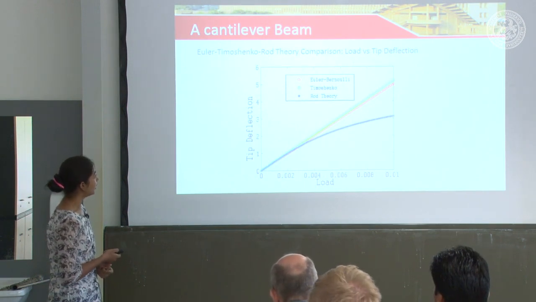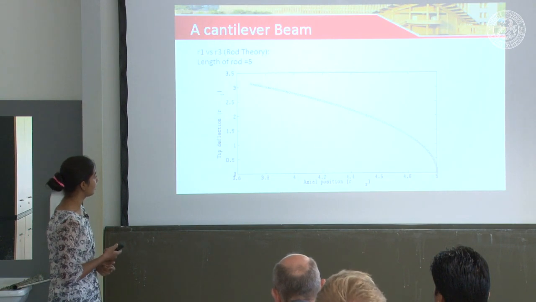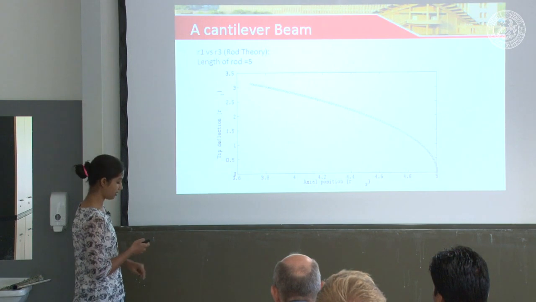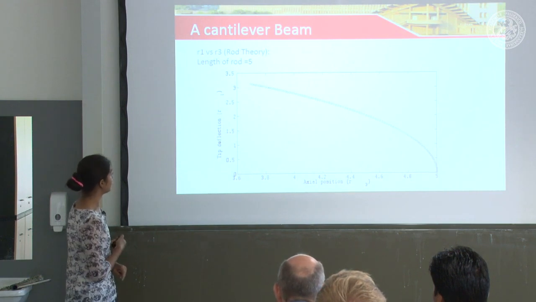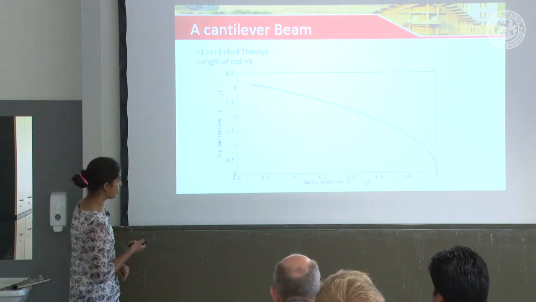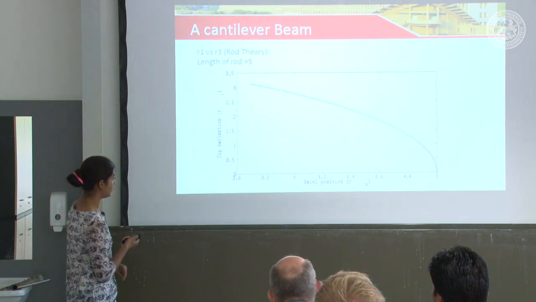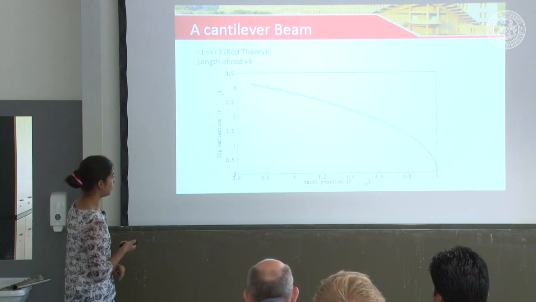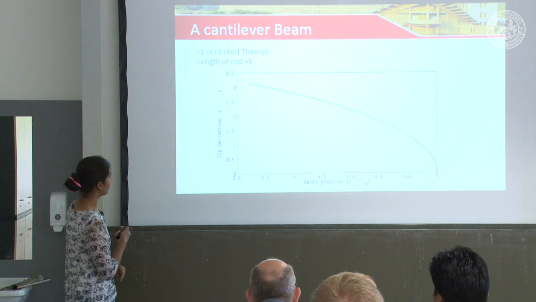Next is this. In case of rod theory only, this is axial position versus tip deflection. This plot we get when we increase the load. The load is being increased from right to left, and I have taken the length of the rod equal to 5.